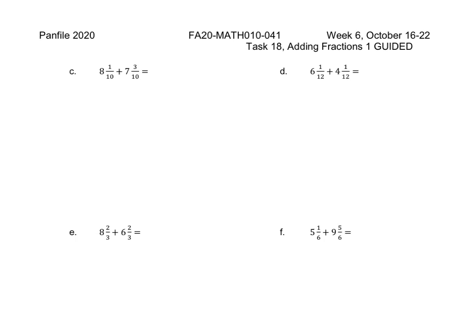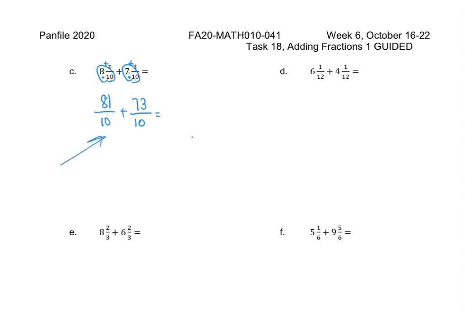Okay, so we're going to practice putting these into improper fractions here. So we're multiplying this, adding this, multiplying this, adding this. We know our denominator's 10 here. So 10 times 8 is 80, plus 1 is 81. 10 times 7 is 70, plus 3 is 73 here.